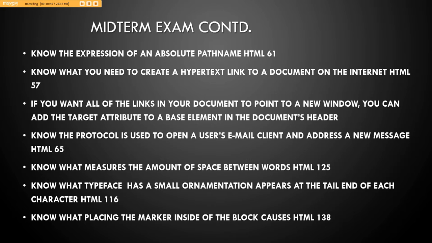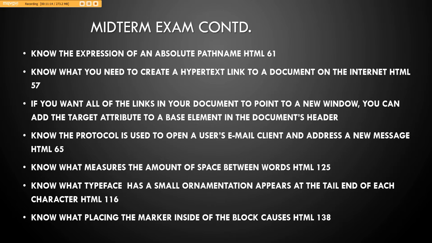If you want all of the links in your document to point to a new window, you can add the target attribute to a base element in the document's header. Know the protocol that's used to open a user's email client and address an email message. That's on 65. Know what measures the amount of space between words, page 125.